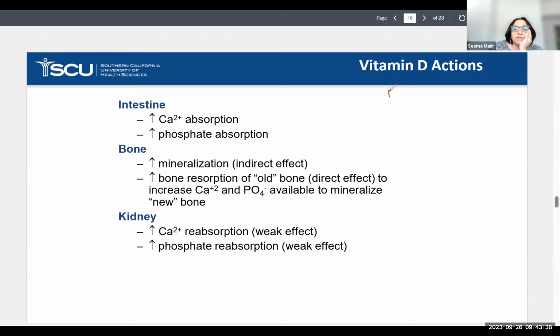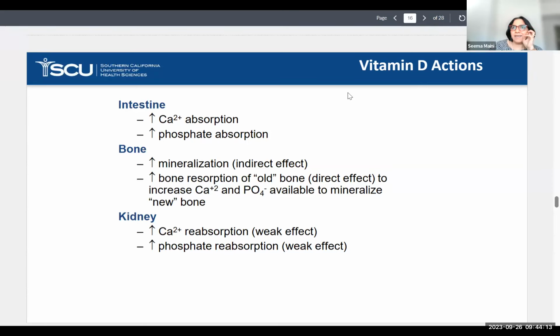And which of the 3 categories does it fall in? Because it is derived from cholesterol. Does that ring a bell? Steroid, right? So it behaves like a steroid hormone because it is derived from cholesterol.